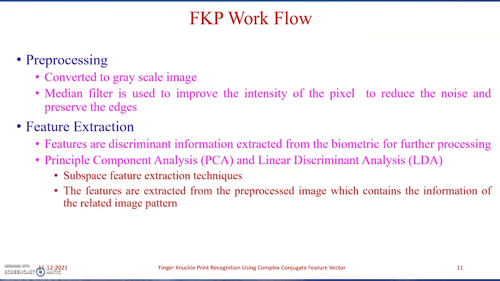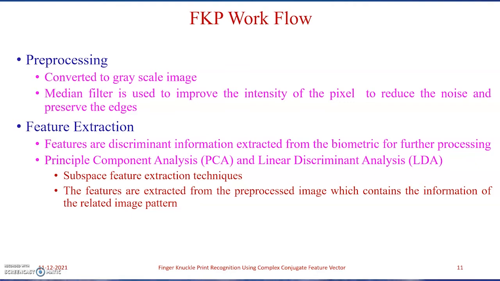The first stage of the workflow is pre-processing. In pre-processing, we have converted the given image into a grayscale image, and a median filter is used to improve the intensity of the pixel, to reduce the noise and to preserve the edges. After that, it is given to the next stage of feature extraction.